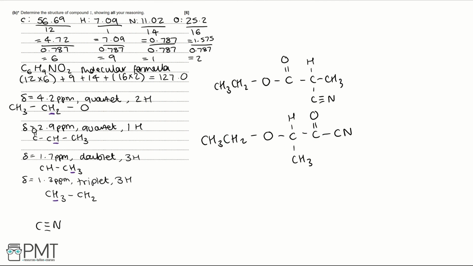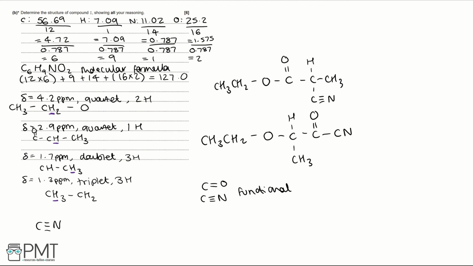The last part of this question is to confirm the functional groups. So we have a carbonyl and a nitrile functional group in our 2 compounds, and these are the 2 possible compound I's based on the data we've been given. Now, even though we don't have the IR spectrum, we were able to work backwards and find out that we need to have a carbonyl group to have the correct proton environment chemical shift value.